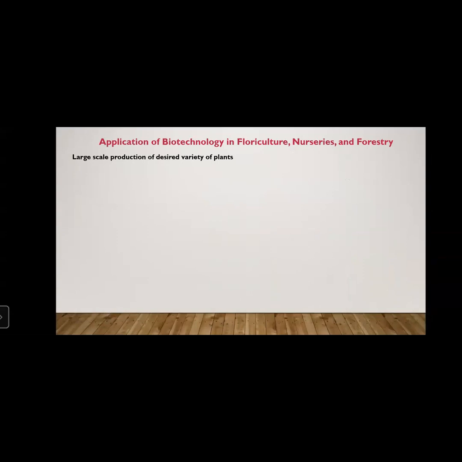Next is application of biotechnology in floriculture, nurseries, and forestries. Now, what is floriculture? Flori means flowers. Growing flowers in the farmland is called floriculture. Nurseries are where the plantlets are produced. Okay, whatever we buy from the nursery walas for plantation in our house, they are known as nurseries.